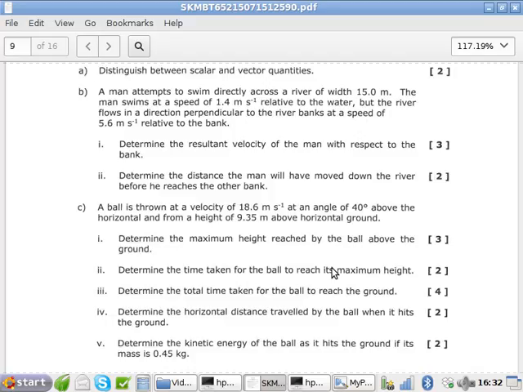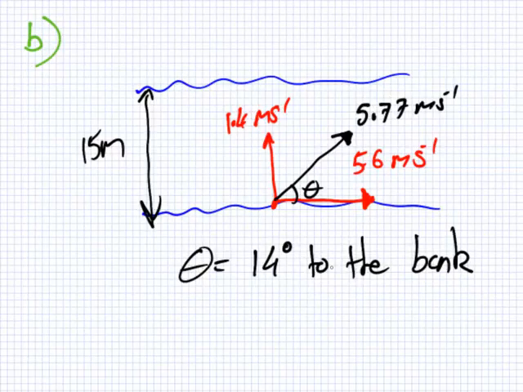How far has the man travelled down the river before he reaches the other bank? In other words, how far does he travel? Well, think about this. We could say let's do it for 1 second and then take a speed. Yeah, you could do it like that, that's fine. The way I was thinking about it was like this.